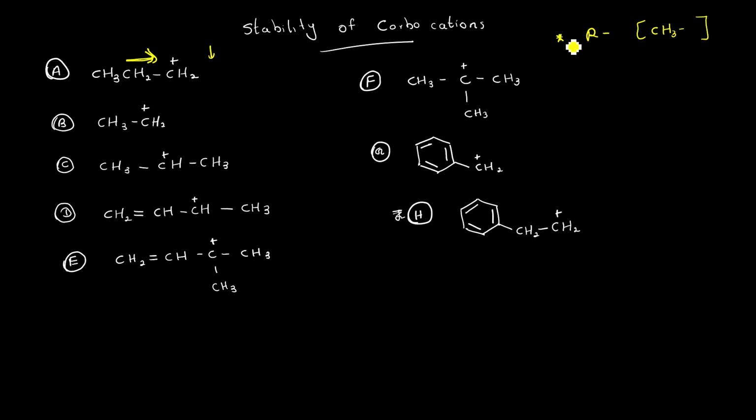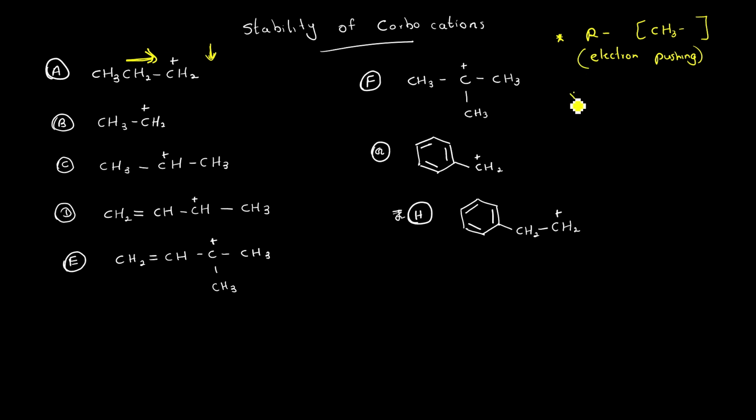This is the first way we can stabilize the carbocation, by the electron pushing effect. We call that the inductive effect. It decreases the amount of positive charge, which makes it stabilized.